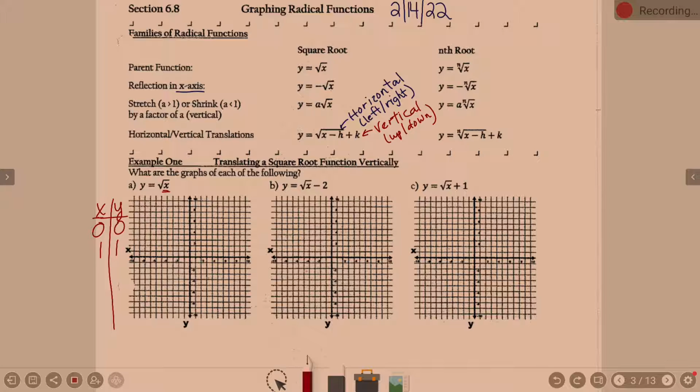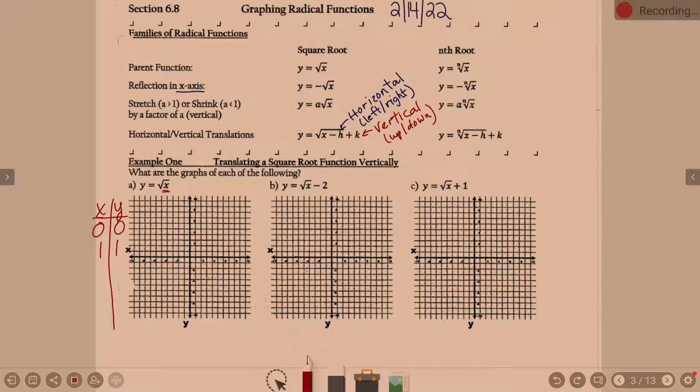You can put 2 if you want here. Notice I haven't written it down yet because when I put 2 into the square root, I get a decimal. And my calculator can give me that decimal. However, do you want to graph 1.414? No, that'd be kind of silly. So we don't like 2. We're going to skip 2. Normally I don't skip 2, but for square roots we're skipping 2.